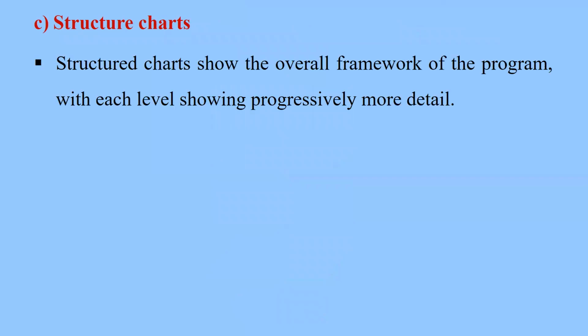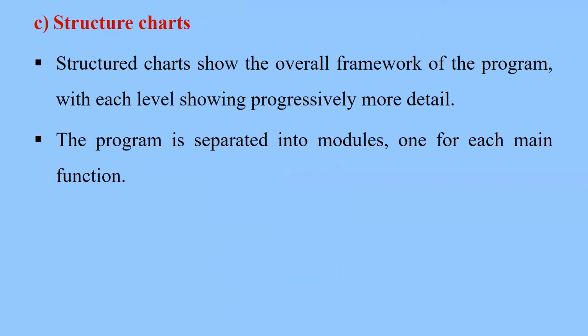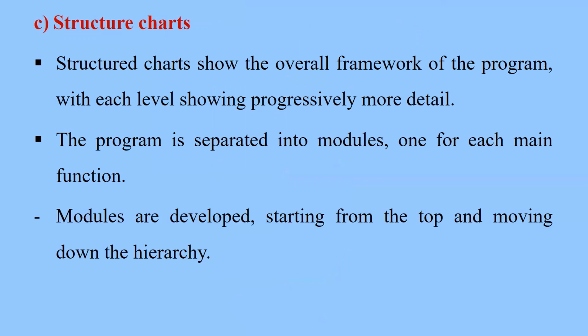The other tool that you can decide to use to design your algorithm is the structure chart. Structure charts show the overall framework of the program, with each level showing progressively more detail. The program is separated into modules, one for each main function. Modules are developed starting from the top and moving down the hierarchy.